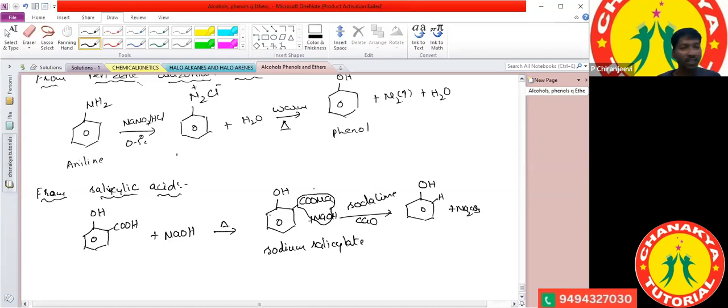So what methods have we seen? From benzene diazonium salts, we have also seen oxidation of benzene, and Dow's process also. Other than that, if you have any methods, one second.